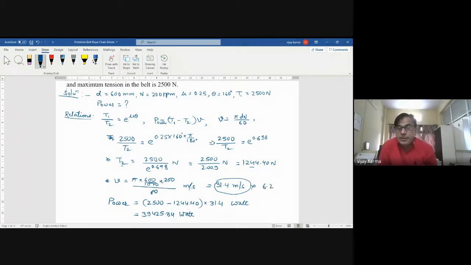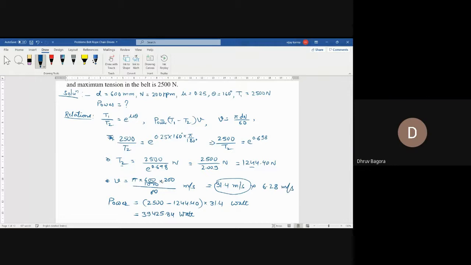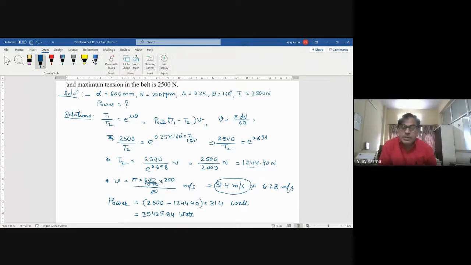There might be a calculation mistake. It is 6.28 meter per second. So this is not the value. Power is 2500 minus 1244.40 multiplied by 6.28. So it is 7885.